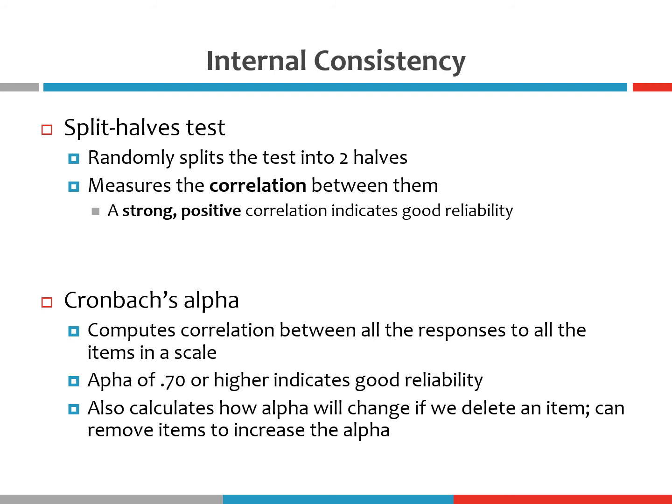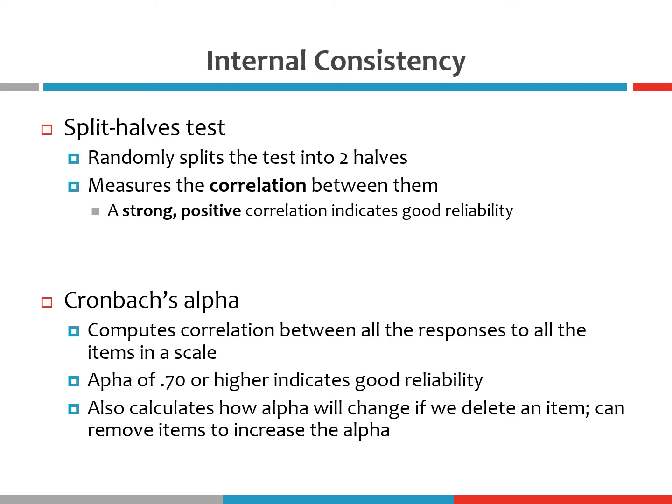So if our depression scale has 30 questions, Cronbach's alpha is going to look at the relationship between all of those questions to see if they're related to each other. And it will also calculate how alpha will change if we delete an item.